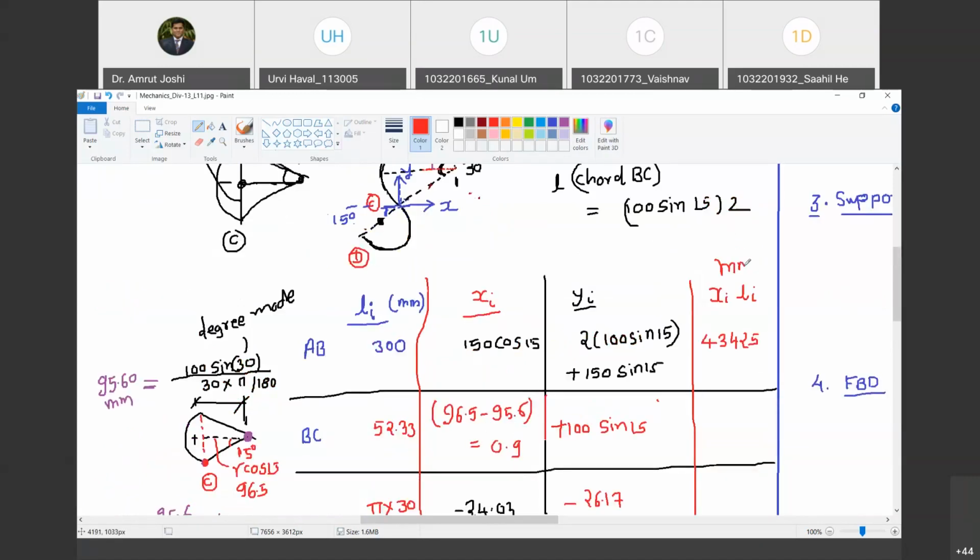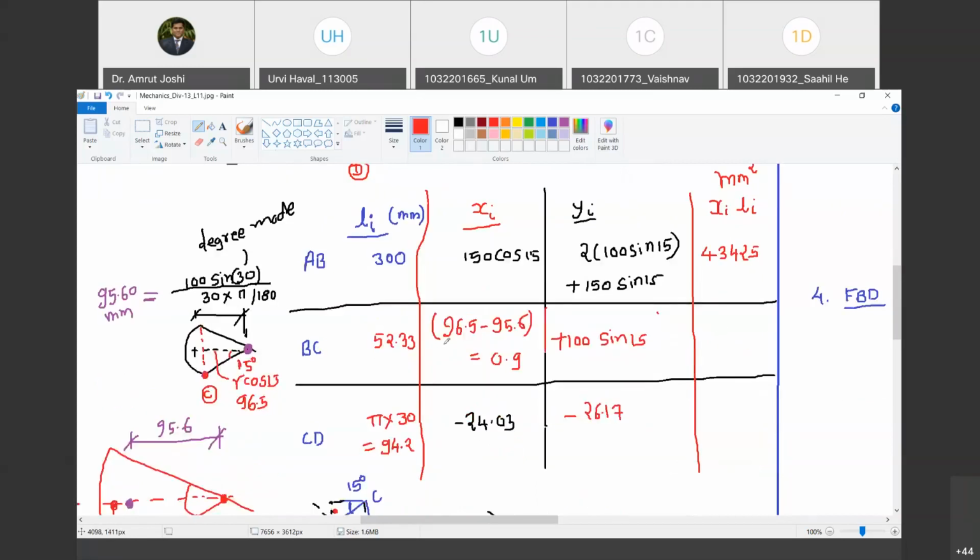This is in mm square. Now do the calculation of 52.33 into 0.9, which is 47.09. Now let us do the calculation 94.2 into minus 24.03, which is minus 2,263.6.